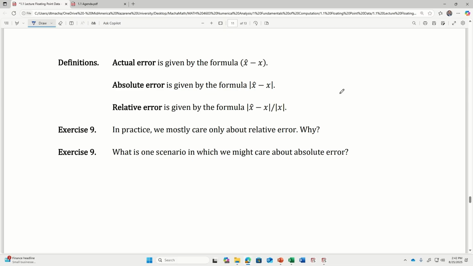Measuring the what? Possible precision of your device. Yeah. Maybe let me reword this question so I can get the right answer that I want to get from you guys. What is one scenario in which you cannot calculate relative error?